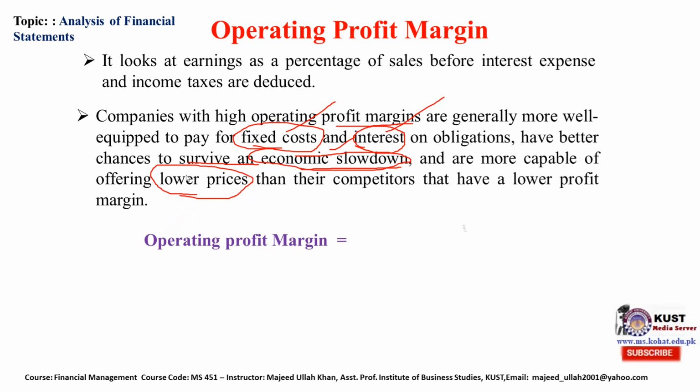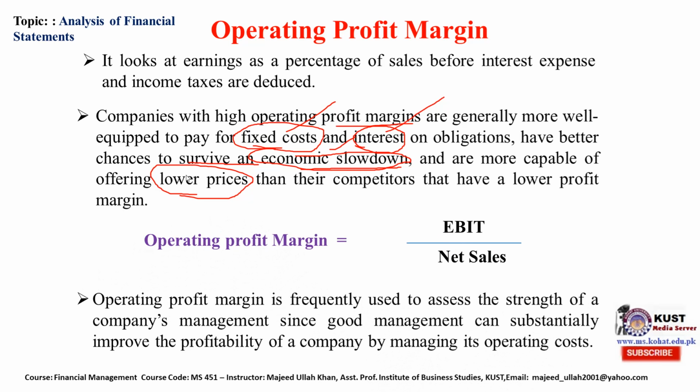So operating profit margin is equal to earnings before interest and tax divided by net sales. Operating profit margin is frequently used to assess the strength of the company's management, since good management can substantially improve profitability of the company by managing its operating costs.